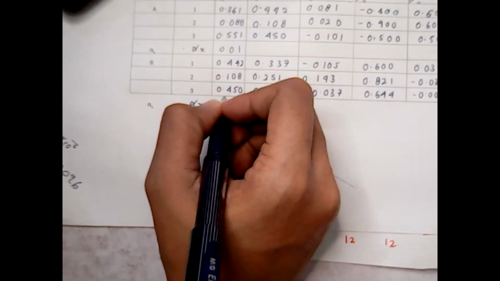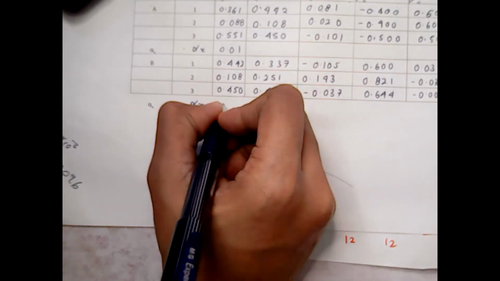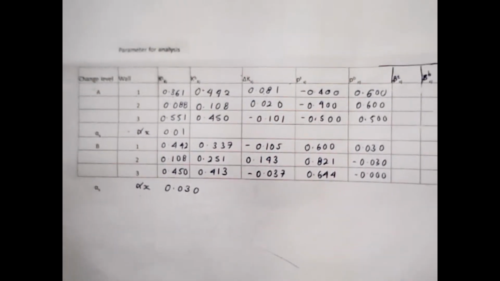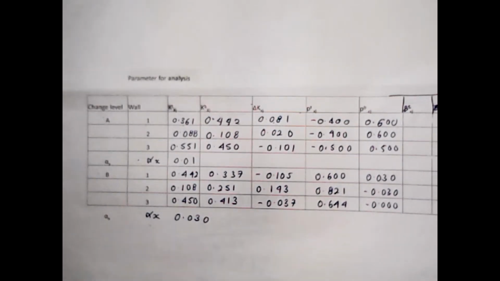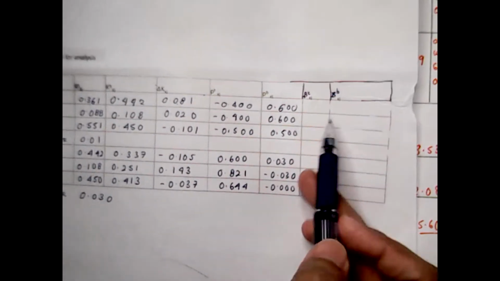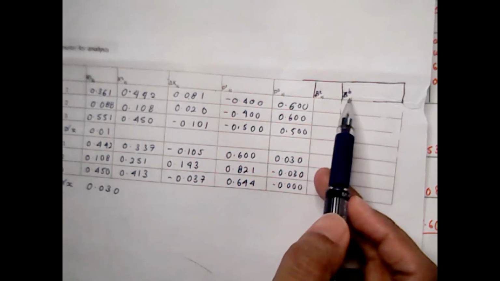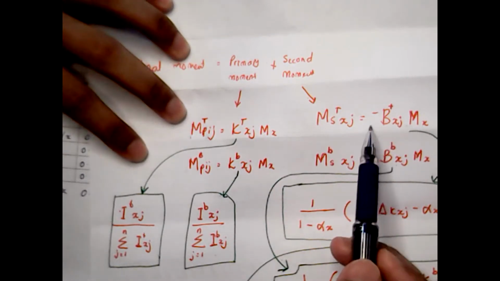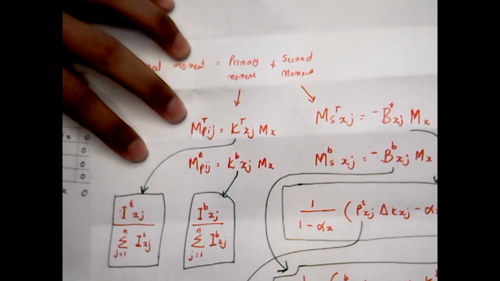If you have calculated it, you will get 0.030. So finally you almost complete your table, and the only item you still need to find is the coefficient factor that multiplies with the external moment.